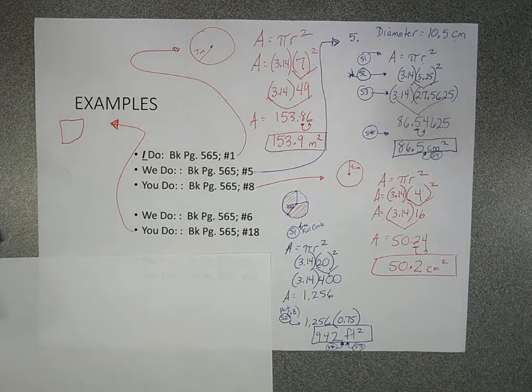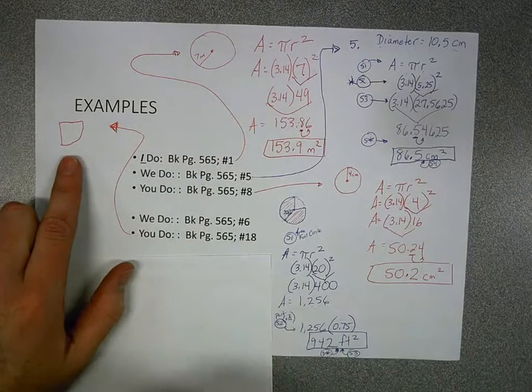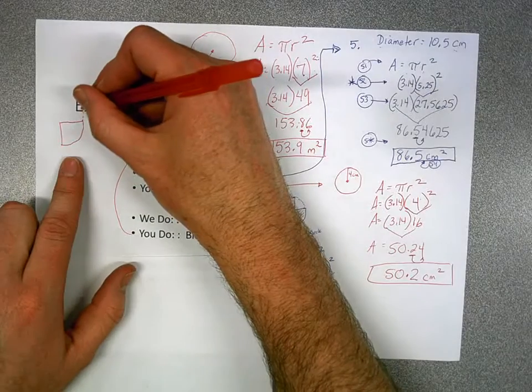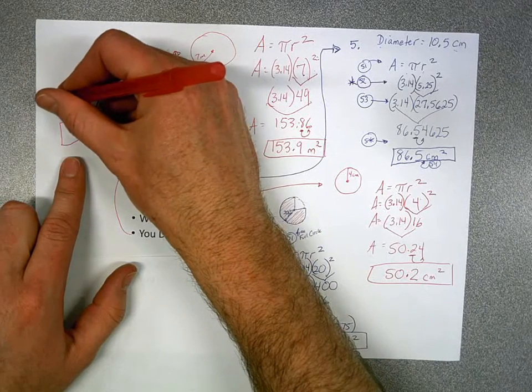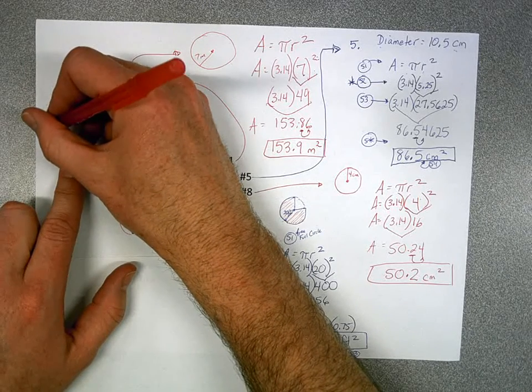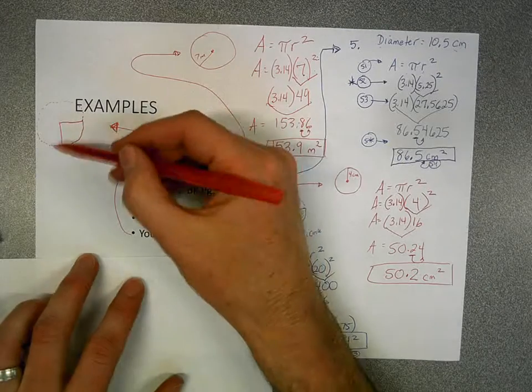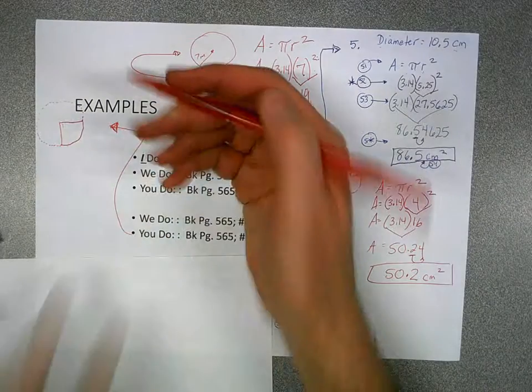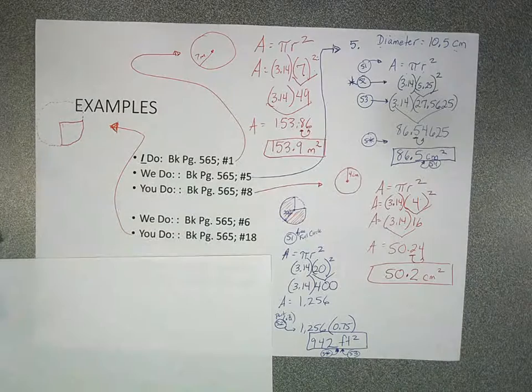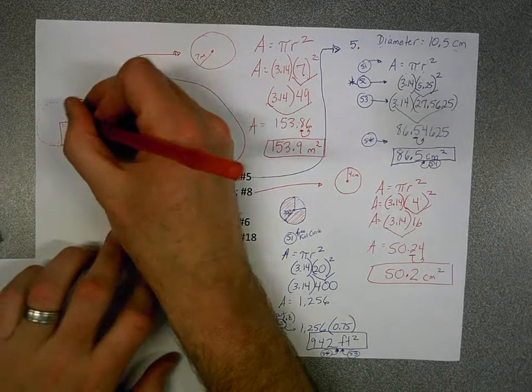Bottom line, like it's describing, realistically it is a quarter of a circle. Now, it does say that it has a radius of 32 centimeters. So there you go, 32 centimeters.